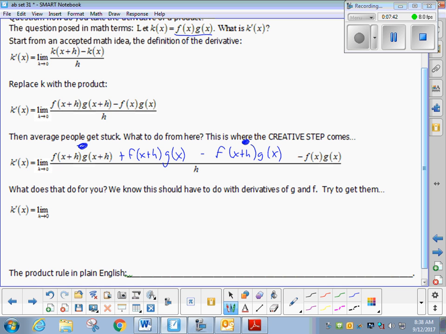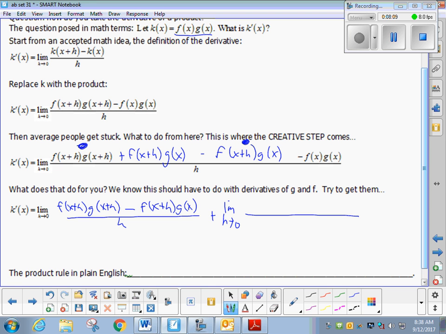And that would be something like f of x plus h, g of x plus h, minus f of x plus h, g of x, all over h. And I'm going to start to break this up into little compartments. That, along with the separate limit of what's left, and that is allowed. We haven't done limit rules, but it's allowed to do that. So they weren't breaking math there.